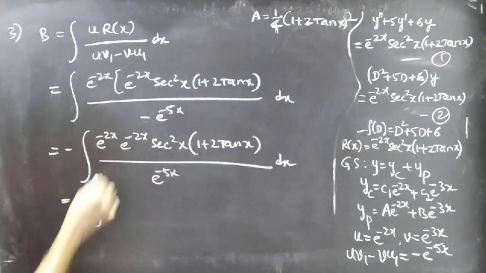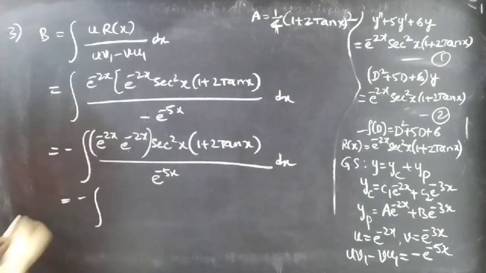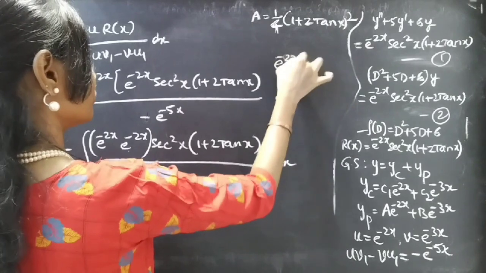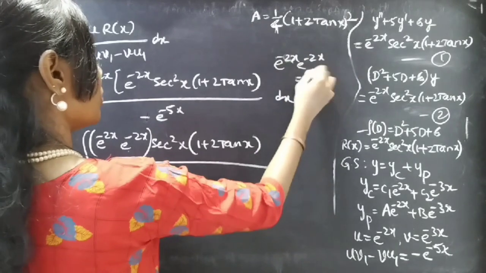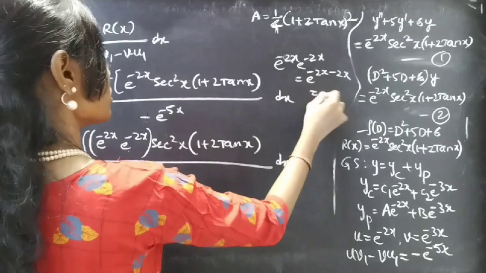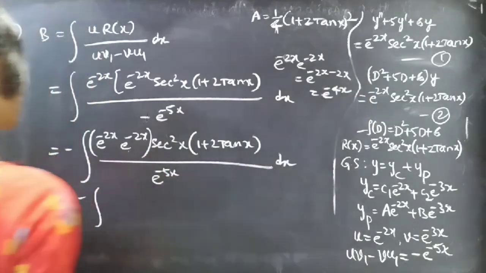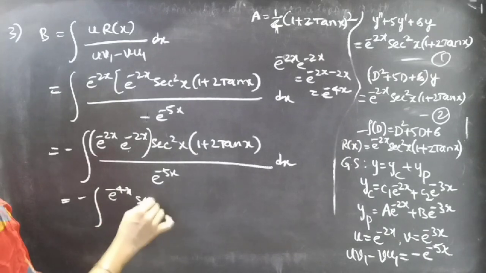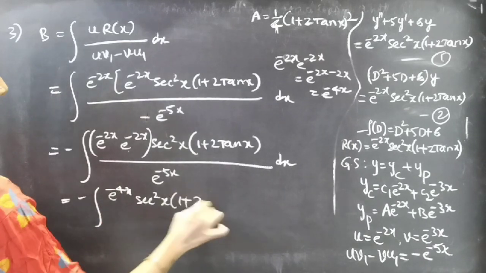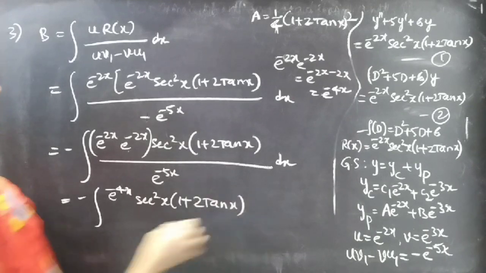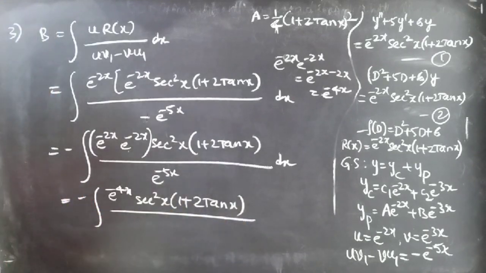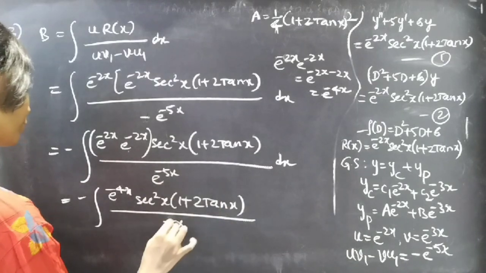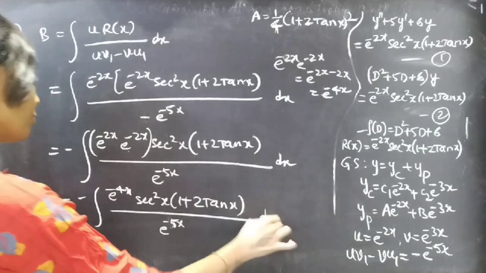This is equal to minus integral e power minus 2x into e power minus 2x, which is equal to e power minus 4x, right? So let's replace this with e power minus 4x into secant square x of 1 plus 2 tan x by e power minus 5x into dx.